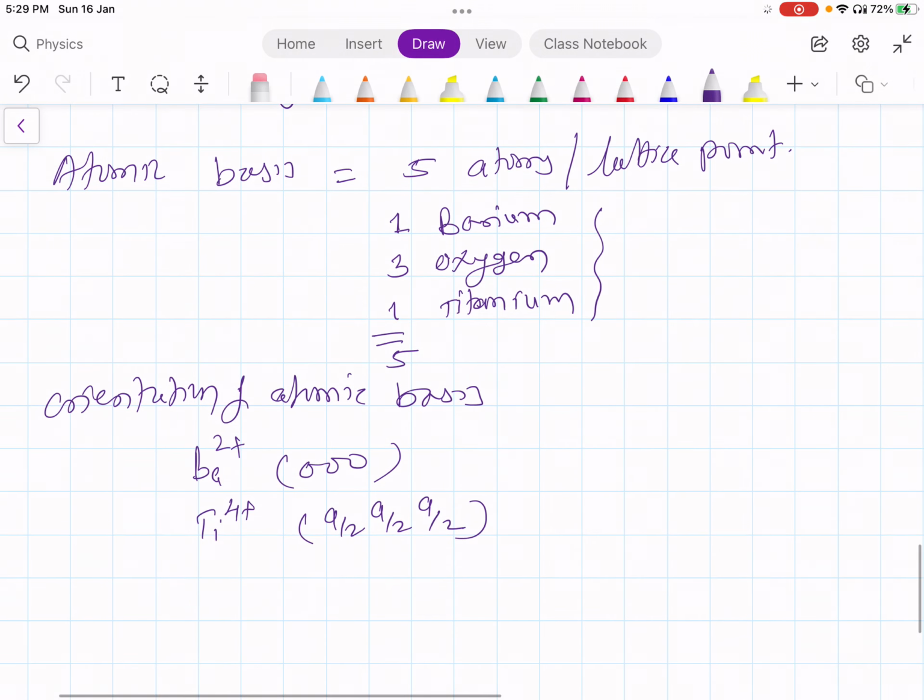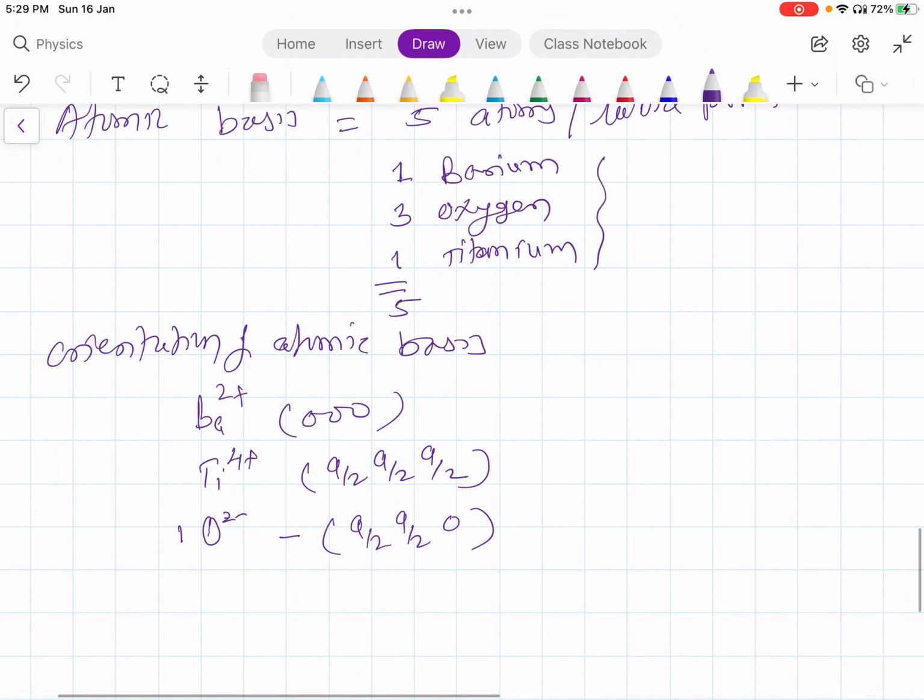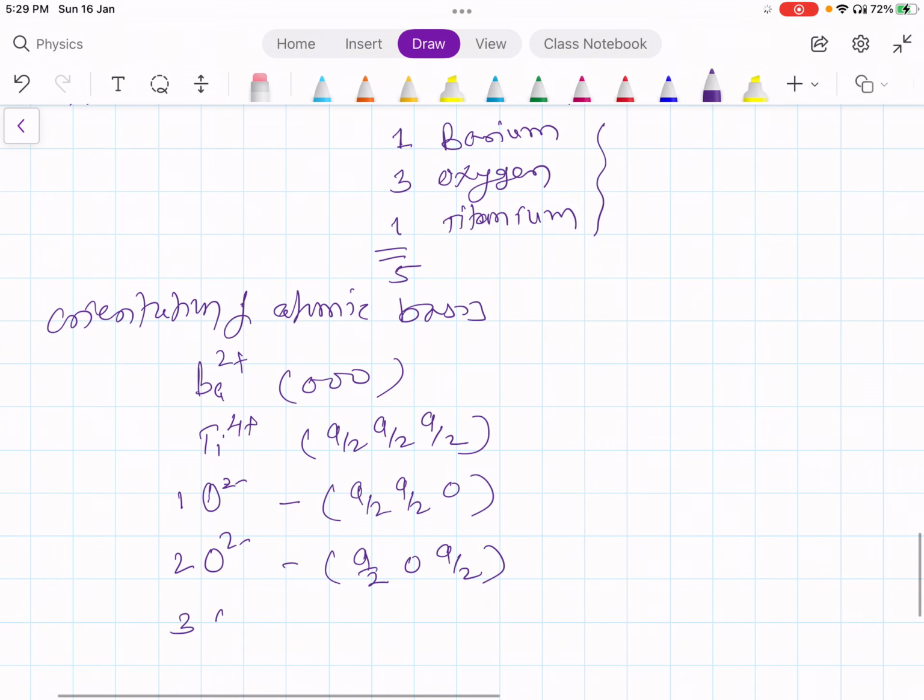And there are 3 oxygens. So first oxygen is at a/2, a/2, 0. Second oxygen is at a/2, 0, a/2. And the third oxygen is at 0, a/2, a/2. So this is the orientation of atomic basis.